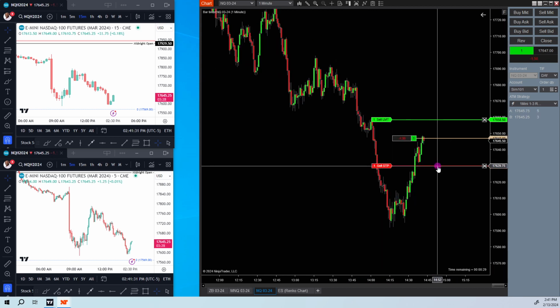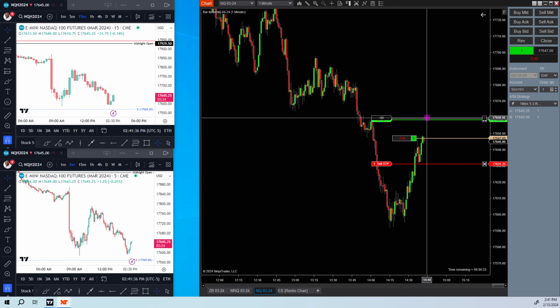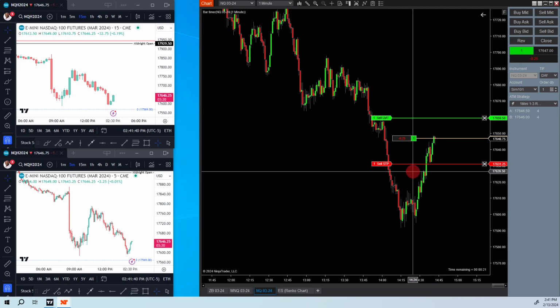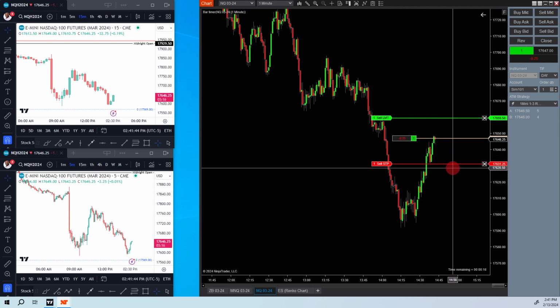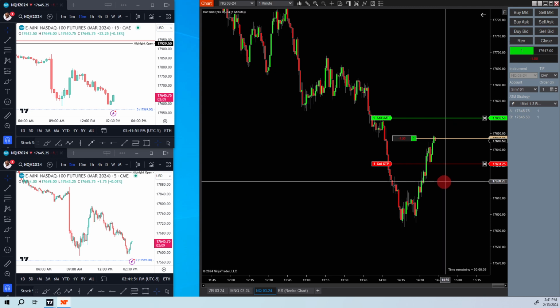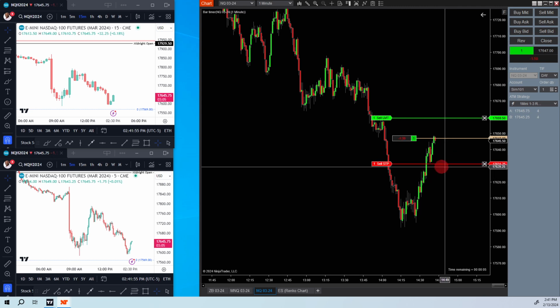If price comes below this low, my sell stop is there, and now my target is there. If it comes down here, it gets me out of the trade. If you go to the green, you're getting out too. Money on the green, and we're stopping from losing on the red.